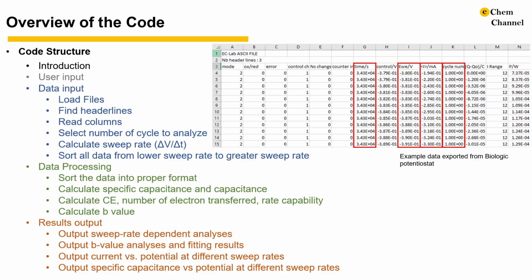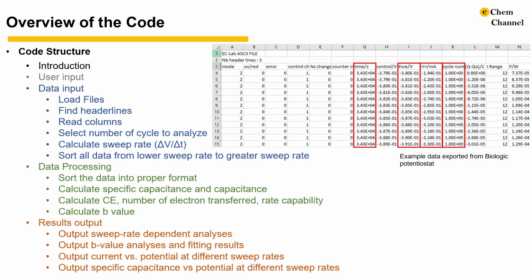Data input is a section to extract the target information, which for us is time, potential, current, and cycle number, and organize the information into a format that is easy to manipulate later. It involves the design of an automated procedure. I decided to use the number of header lines to eliminate the unnecessary text to single out pure data and use keywords like time, EWE to locate the columns containing the data we care about.